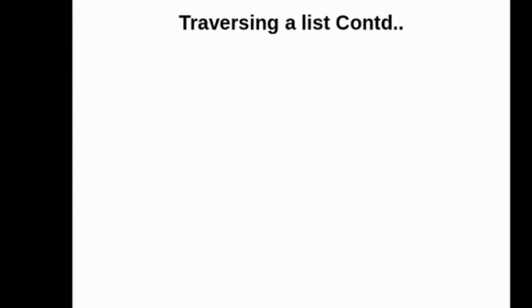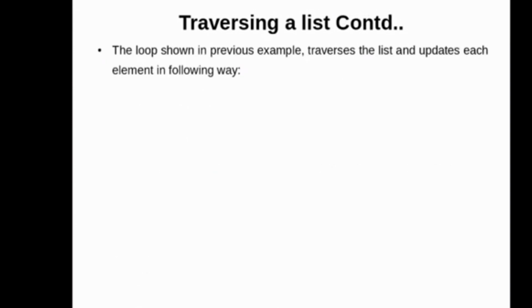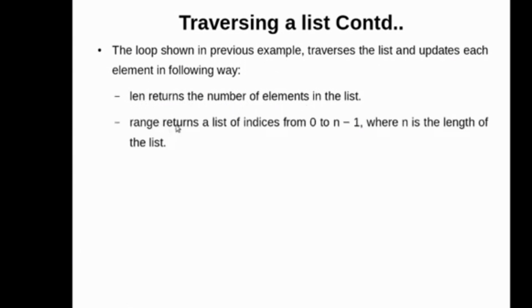Now, traversing a list: the loop shown in the previous example traverses the list and updates each element using this method. First, len returns the number of elements in the list. Second, range returns the list from 0 to n minus 1, where n in the previous example is equal to 5.